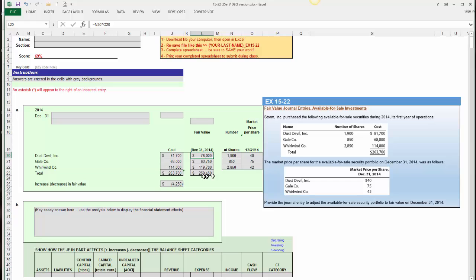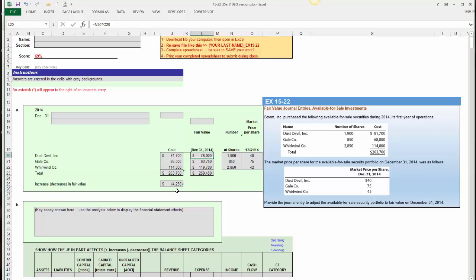Adding the fair value of each of these shares brings a total fair value for all three investments of $259,450. As you can see, the fair value, $259,450, is less than the cost, $263,700. So the fair value is below the cost, so the company, which has not sold any of these shares, will incur a loss for the difference, $4,250.